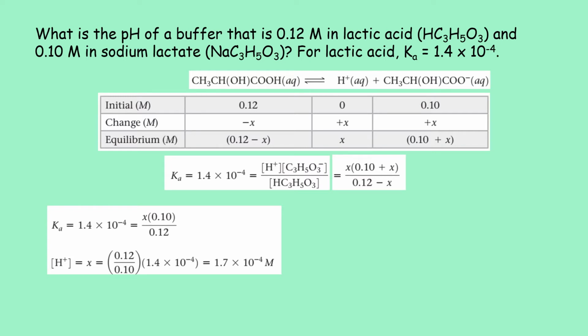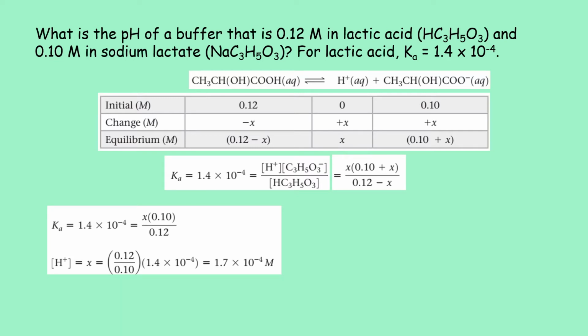And then we solve for the hydrogen ion concentration, or our X, which is 1.7 times 10 raised to negative 4. Here you can see that Ka is small and a common ion is present. So we expect our X, or our hydrogen ion concentration, to be small relative to either the initial concentration of our lactic acid, which is 0.12 molar, or the initial concentration of our sodium lactate, which is 0.10 molar.